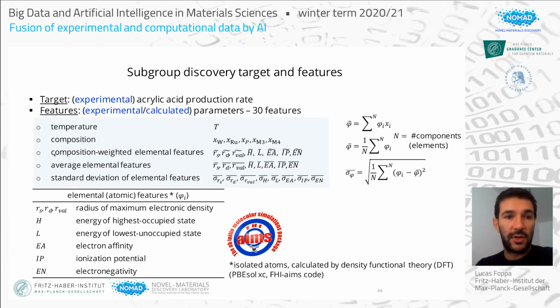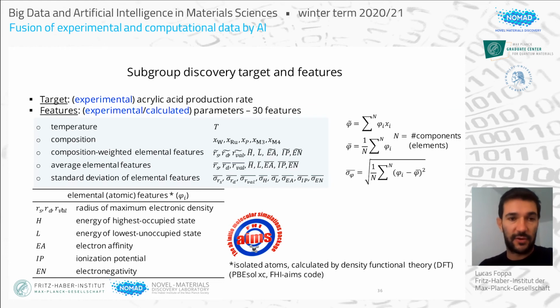And now we are going to use some parameters that come from calculation. We are going to take elemental atomic features that are properties of isolated atoms. They don't depend on the atom's environment, only on the atom itself, the element, and were calculated by density functional theory.